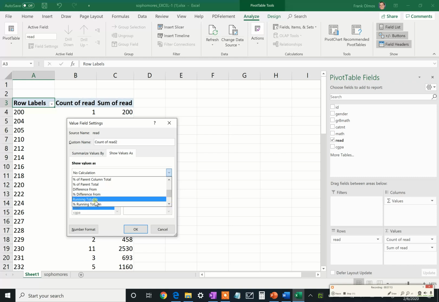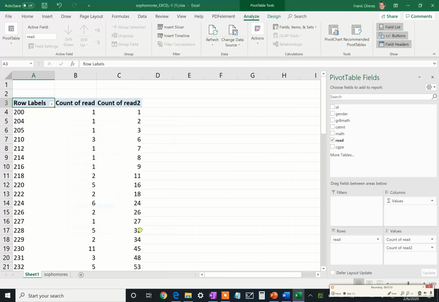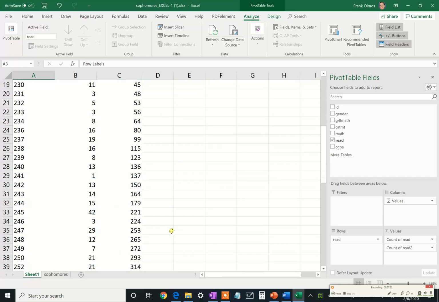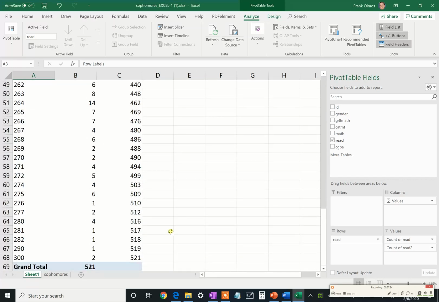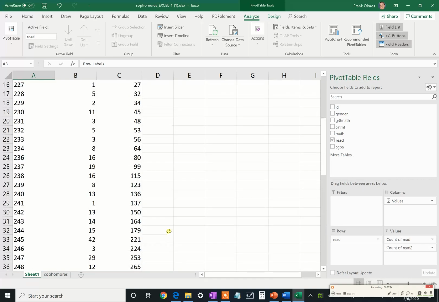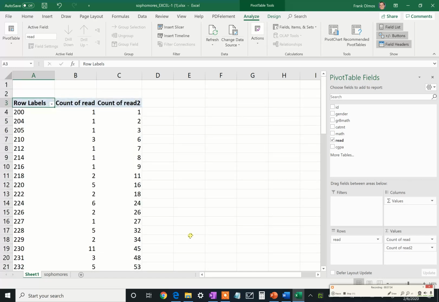That's the key thing. You want a running total and then click OK. Yes, I got it. Sounds surprised, right? It's been a while since I've done this.